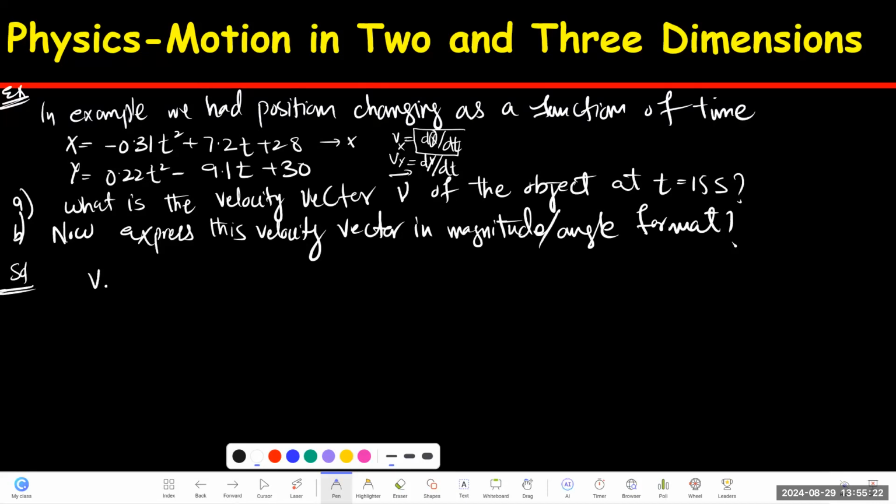So vx equals d over dt of x, and x is given: minus 0.31 t squared plus 7.2 t plus 28.